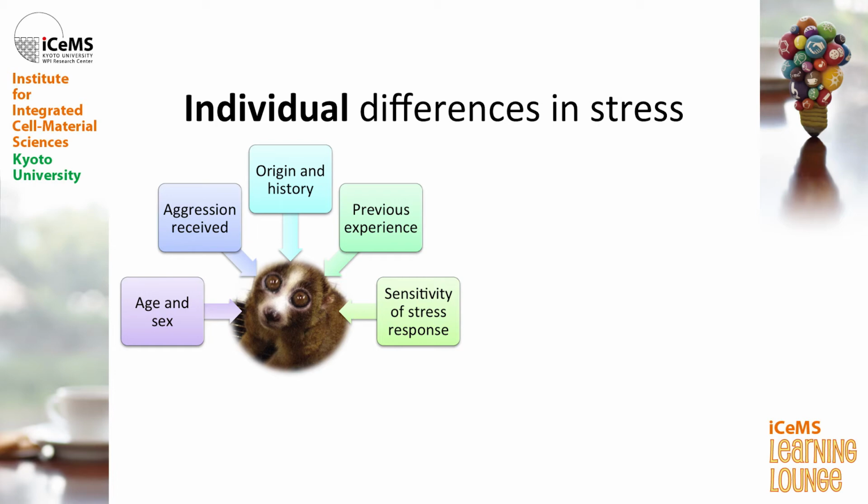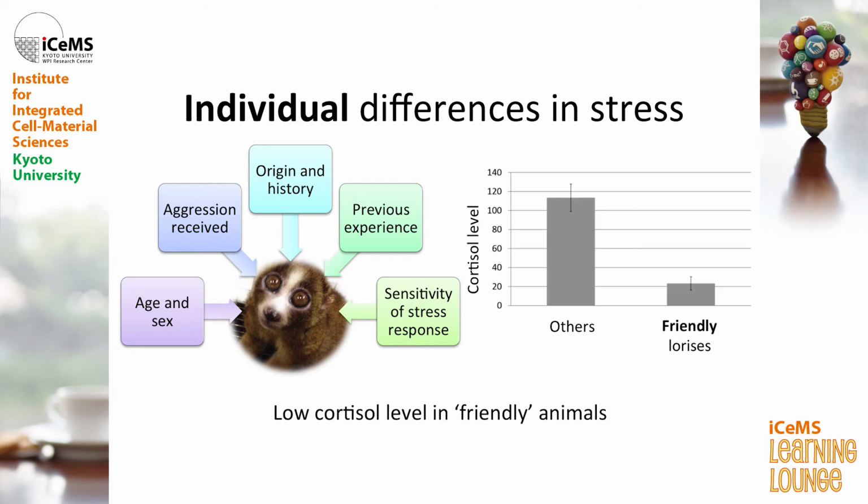And also previous experience with the keepers, or perhaps the sensitivity of stress response. And what I found is a link between personality and stress levels in lorises. The friendly animals, which means the animals that would approach me during my sample collection and behavior observation, actually have much lower cortisol levels.